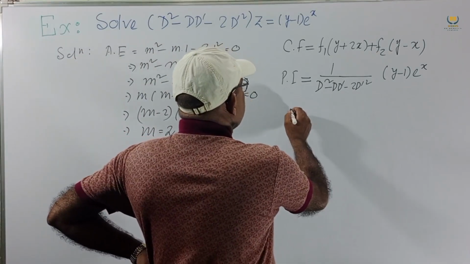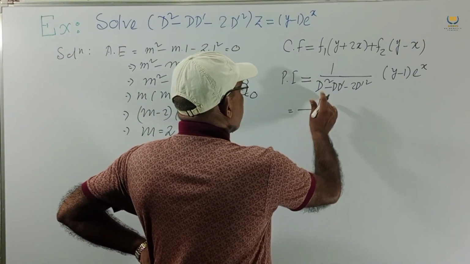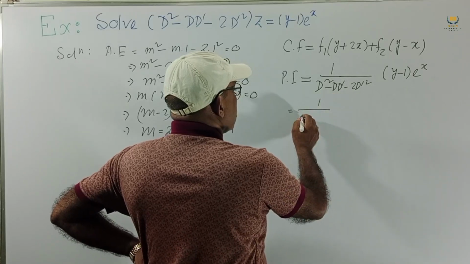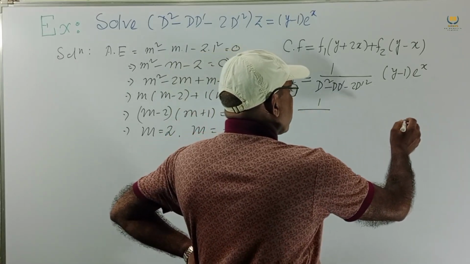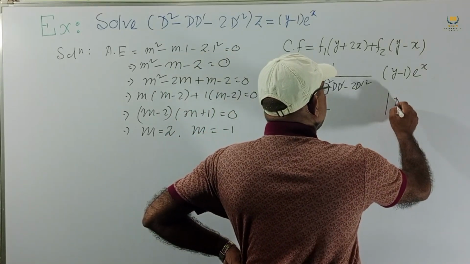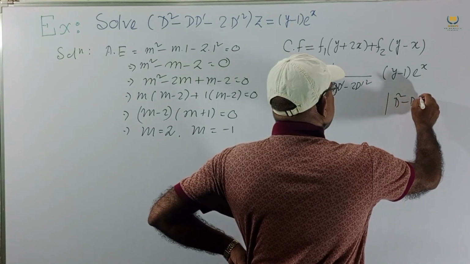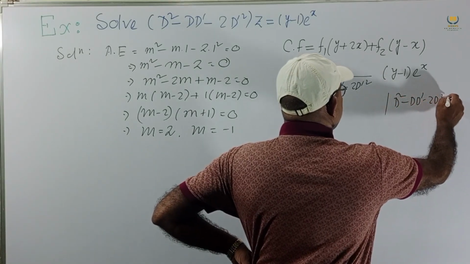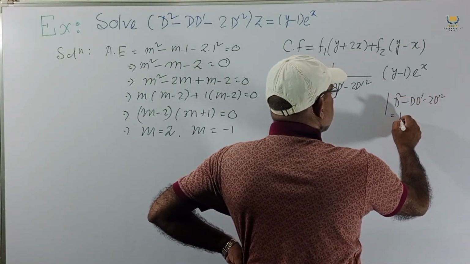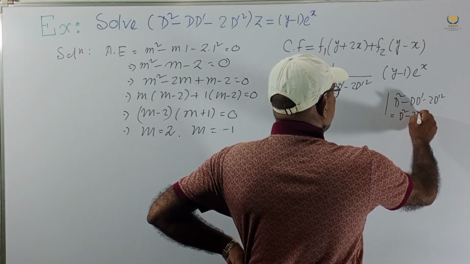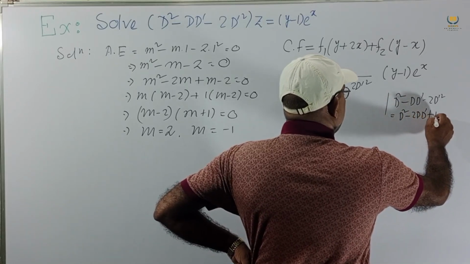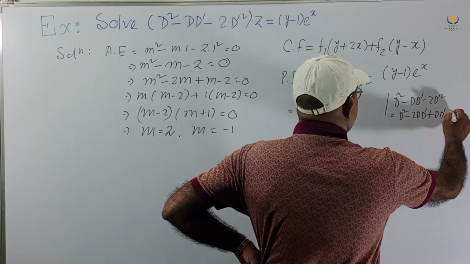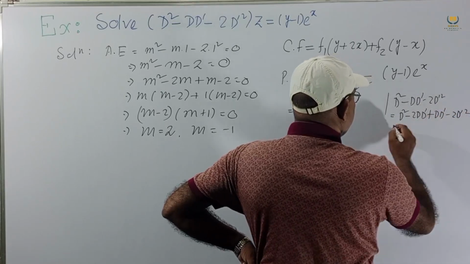Now if we factorize this, D square minus DD dash minus 2 D dash square, this equals D square minus 2DD dash plus DD dash minus 2 D dash square.